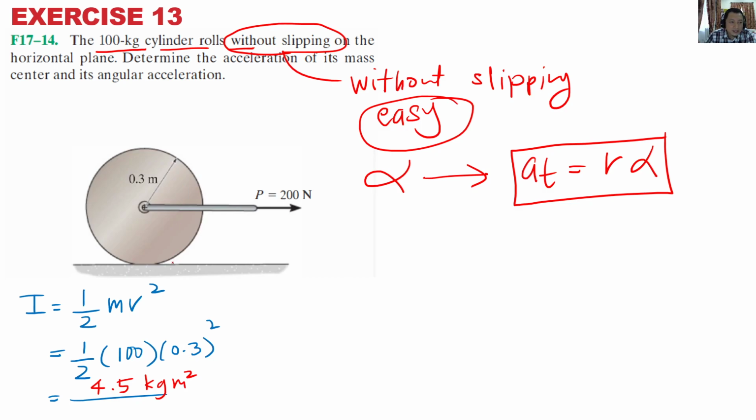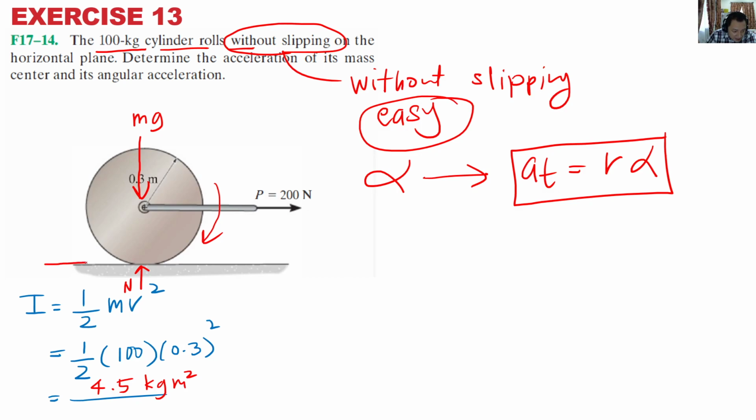Okay, what else have we got here? We should be doing a free body diagram. This is mg, this is normal. So it rolls without slipping, rotating this way.